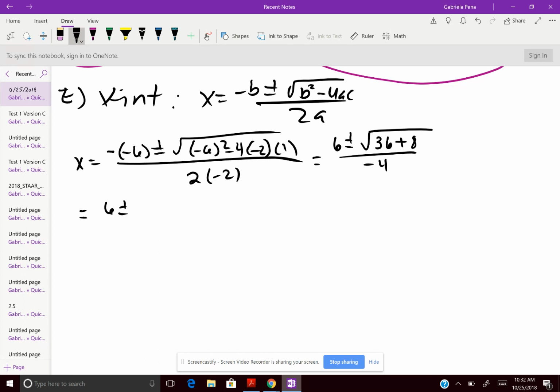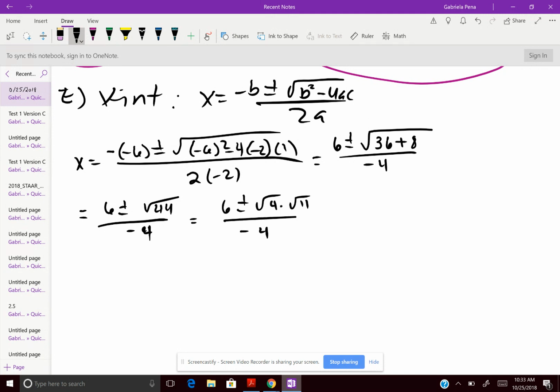So this becomes the square root of 44 over a negative 4. When you see the number 44, can you think of a square root that I could use? What times what gives me 44? 4 and 11. So this becomes 6 plus or minus the square root of 4 times the square root of 11.